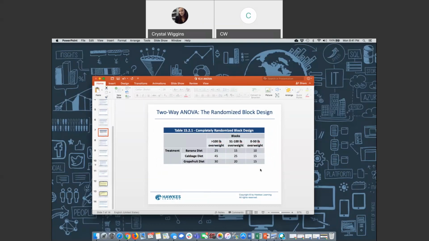So it does show that a person who is one of these weight blocks loses more weight on a diet than another, but that's kind of logical. So if you think about it, people who have a lot of weight to lose, they start a diet and they shed pounds very quickly, and then they hit a plateau at some point. And people who are slightly overweight have a harder time in some cases because they have to work a little harder to get that weight off when they're almost at their goal weight.